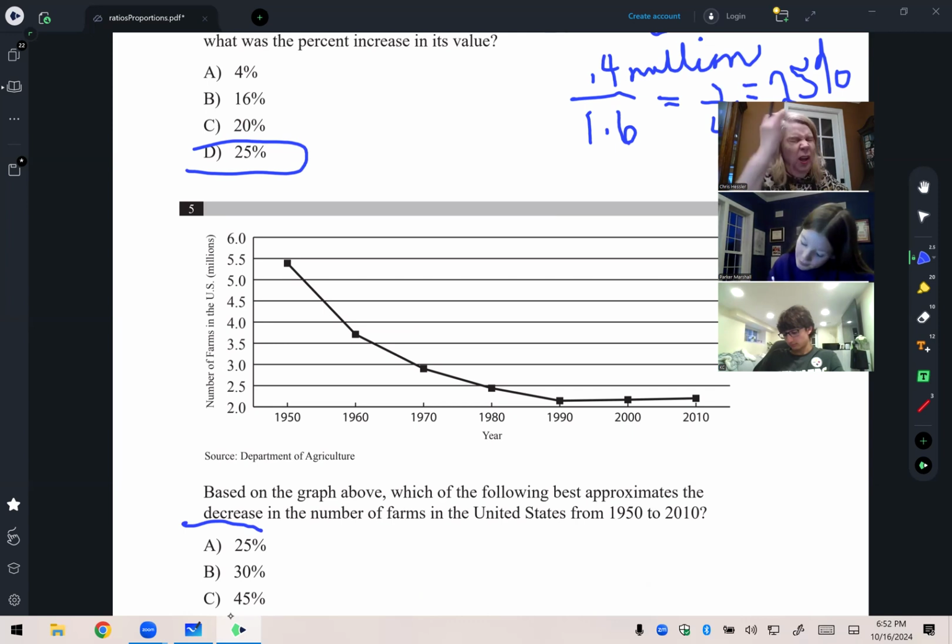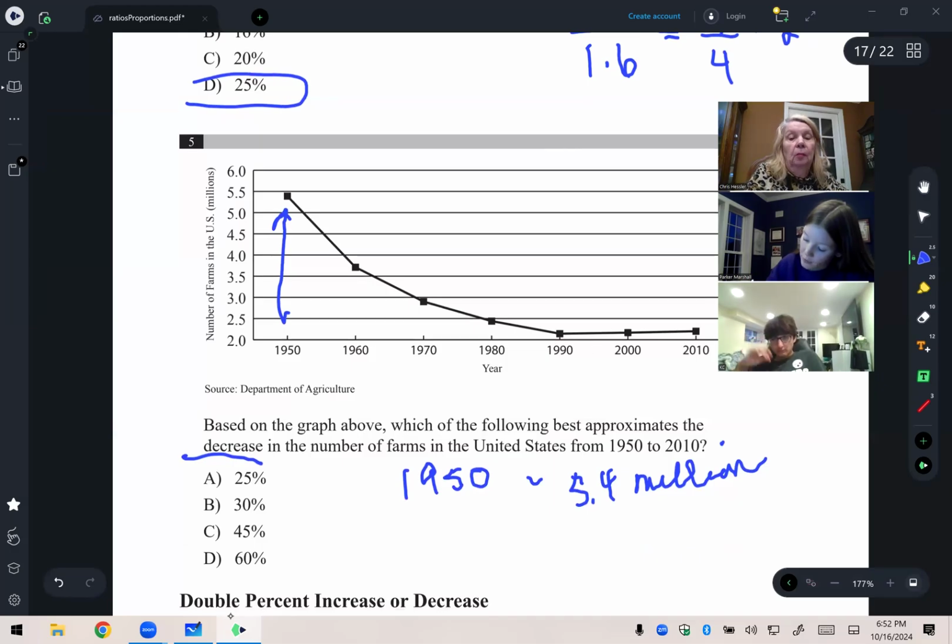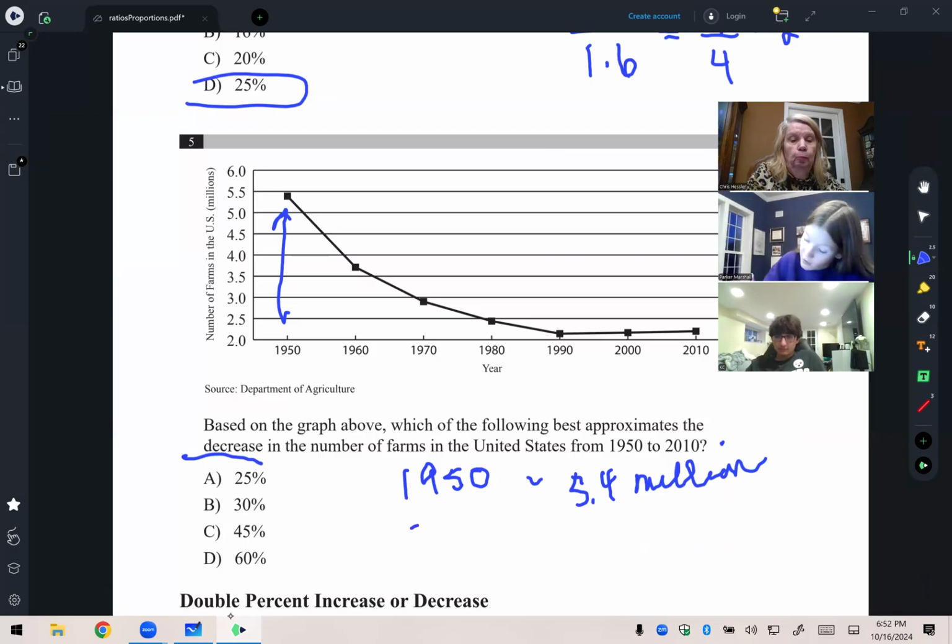So they know we can't get exact numbers. So let's say in 1950 there's 5.4 million farms. I can write better than that in cursive, I promise. And then in 2010, what would you say, Jim? I'd say 2.25. We're doing the best we can.